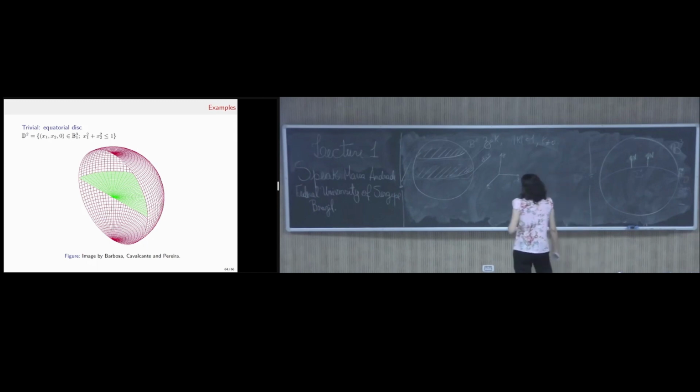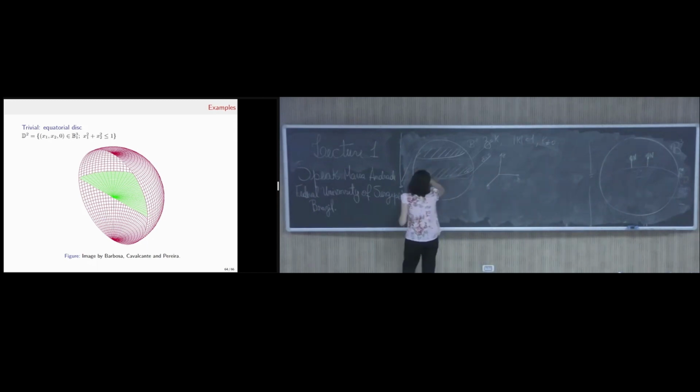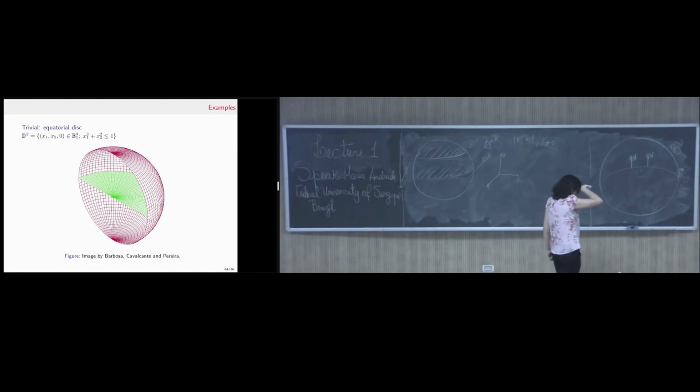So let's talk a little about this trivial but important example, the equatorial disk. You have a ball, you have a plane that intersects the ball, then you have an equatorial disk, this surface, okay? And there is an important classification result about this rigidity, proved by Nitsche, that says that if you have a free boundary surface in Euclidean space in the ball, and this surface is topologically equivalent to a disk, then this surface is a disk.